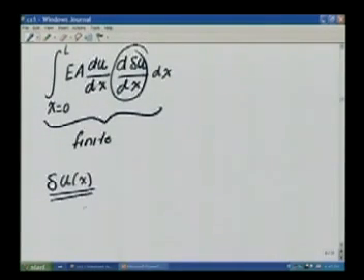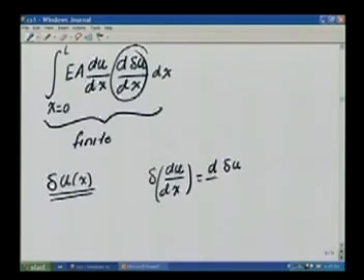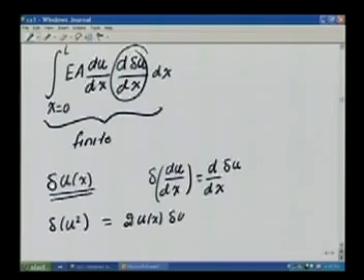For example, if I take variation of du/dx instead of u of x, this will be equal to the derivative of the variation of u. Similarly, if I take variation of u squared, it will be equal to twice u of x into variation of u of x, and so on.